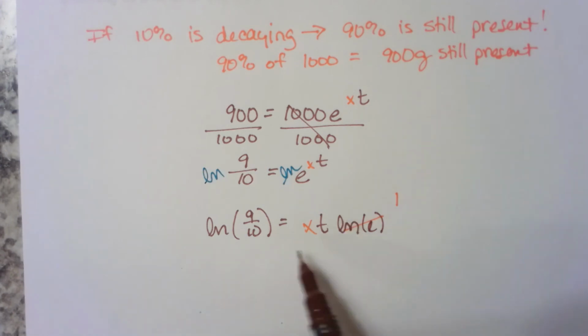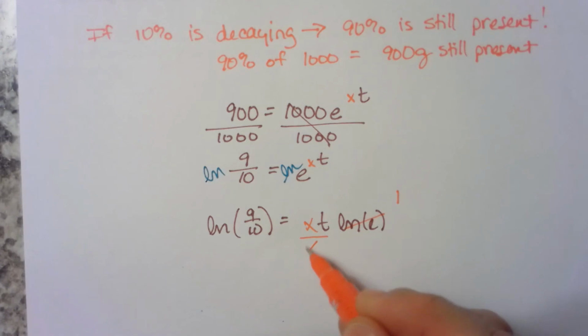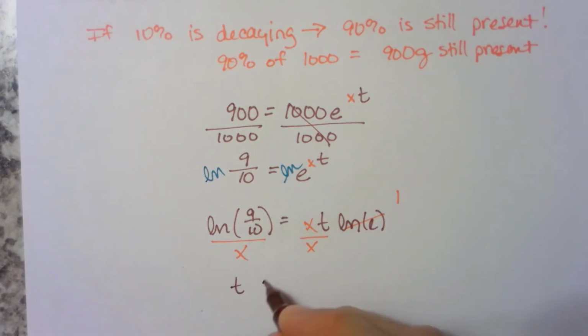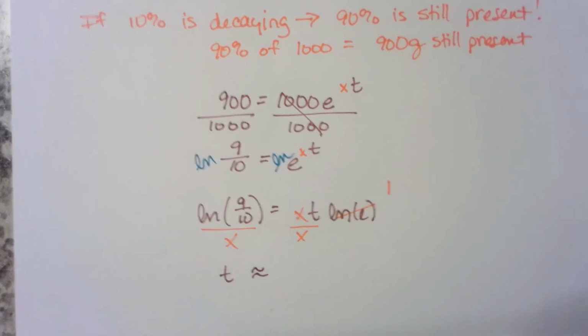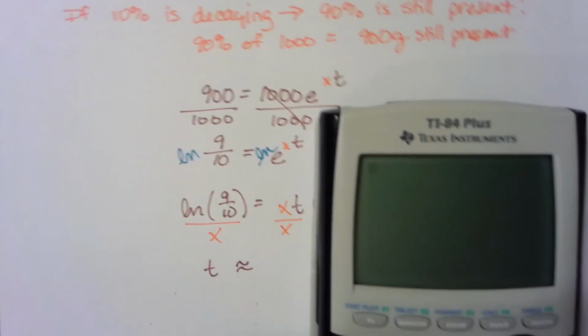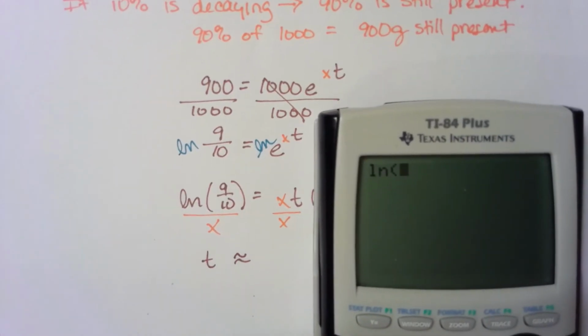So we need to solve for t. That means we divide both sides by that x that's in our calculator. So t will be approximately what then? So we have natural log of 9/10 divided by x. And we get this really big number.